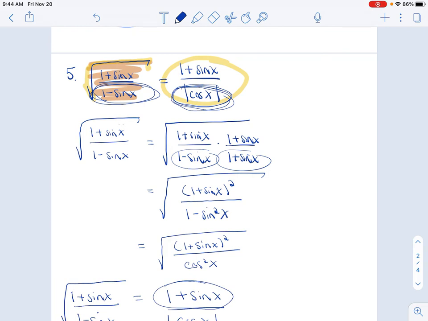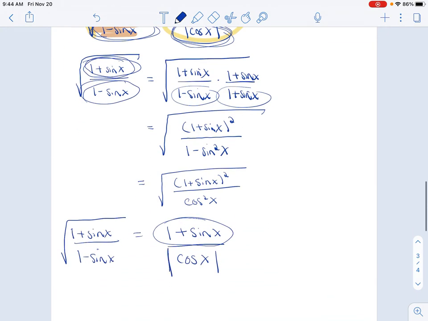If you're interested, if you're not, you can stop me now. But 1 plus sine x will always be positive. There's no way it won't be because 1 is the biggest that sine can be. So that numerator will always be positive. Now this piece is not always going to be positive. And I can't take a square root of a negative. And so that's why we had to say, nope, I got to make sure it's definitely the absolute value. Again, I'm not going to be testing you on that, just so you know.